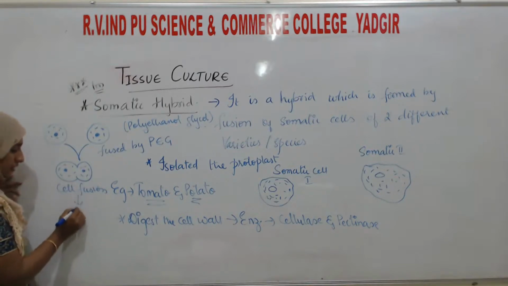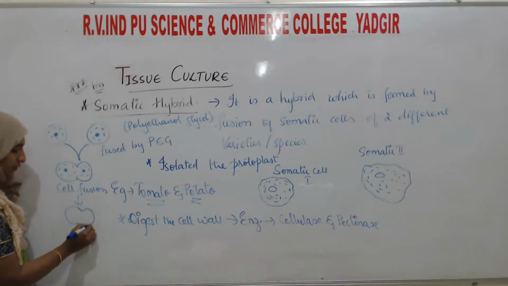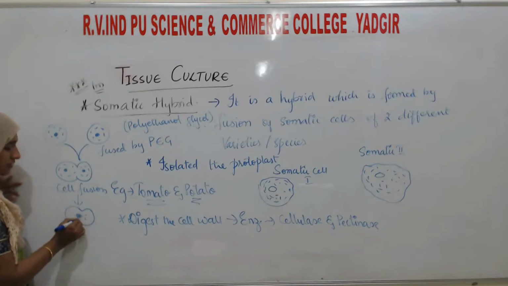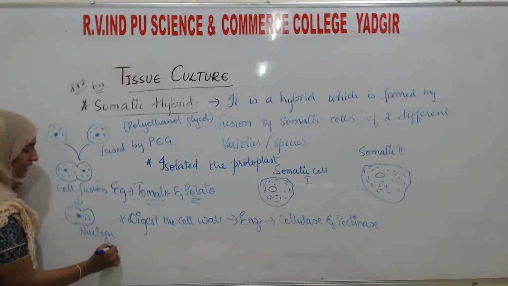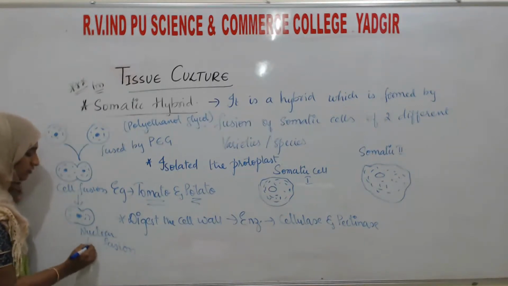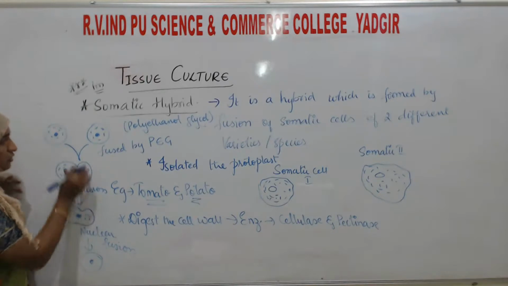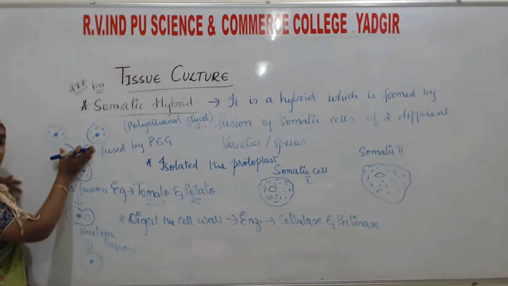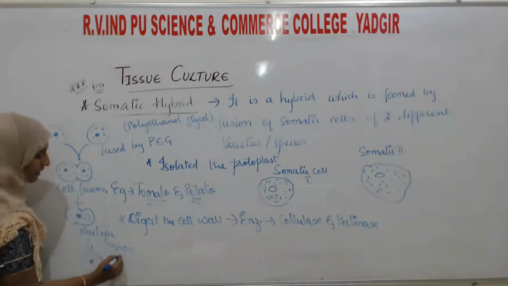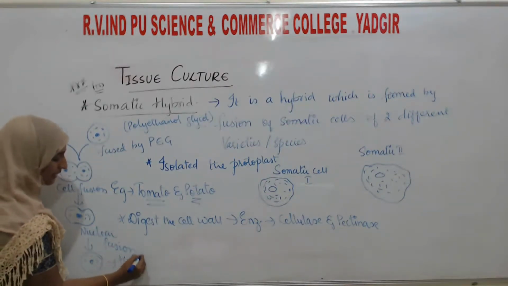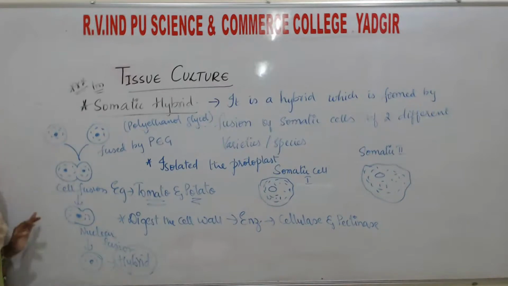Next, nuclear fusion takes place. This is the nuclear fusion. After that, a hybrid is formed from two different varieties, with two different desirable characters. You can see a hybrid, and this hybrid is known as the somatic hybrid.